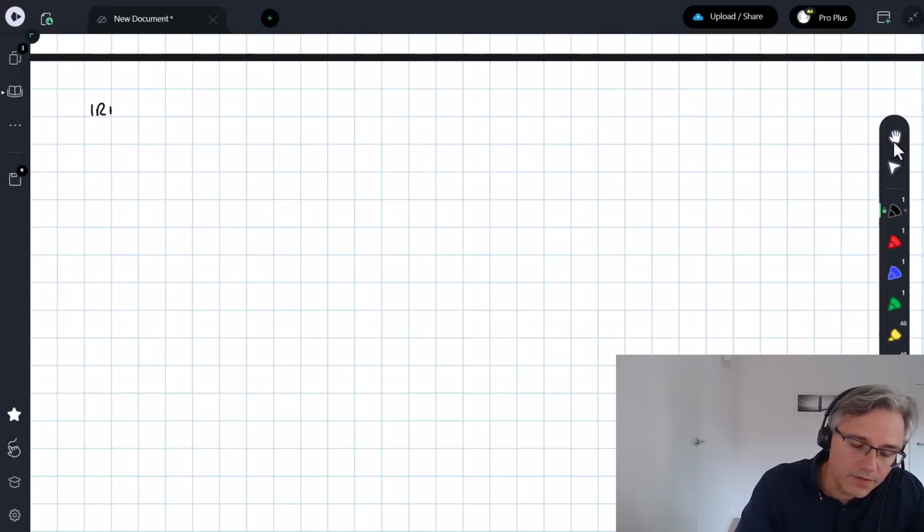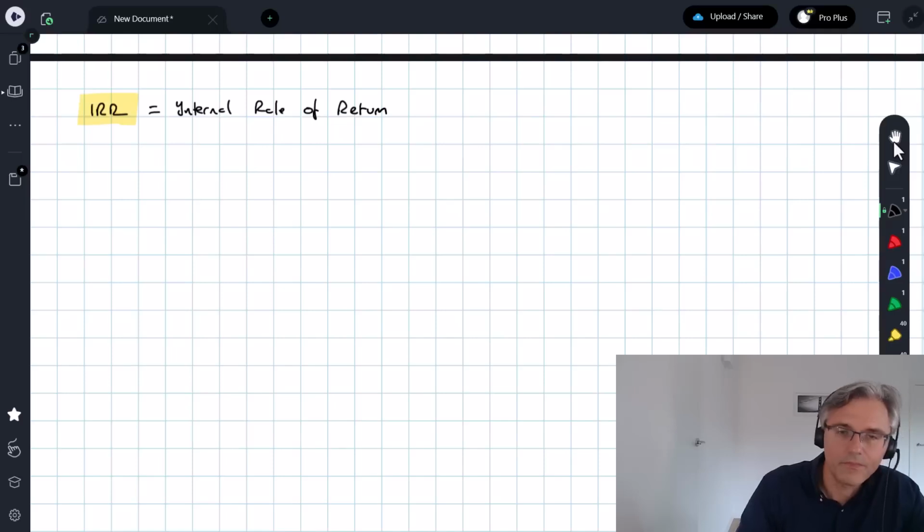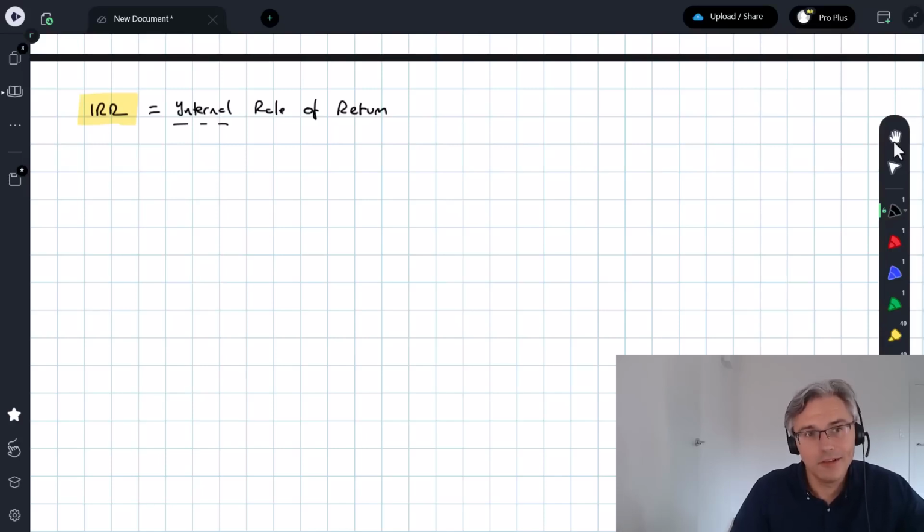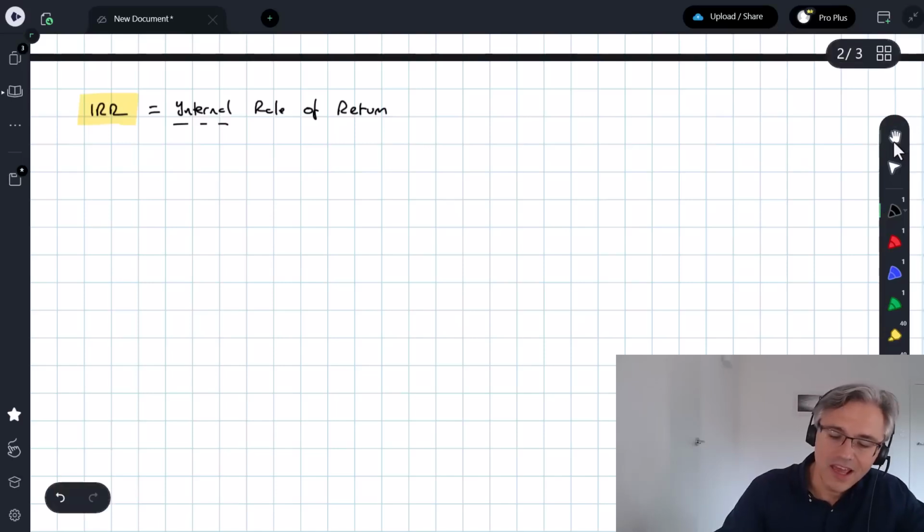Okay, let's move on to the second measure, the IRR. Now, IRR, as you will probably know, stands for the internal rate of return. Internal meaning, I'm very hesitant to use this word, and don't quote me on this, but this is like the true rate of return on the project.